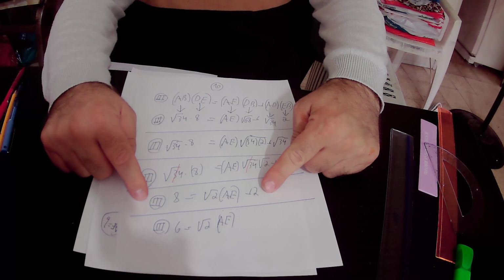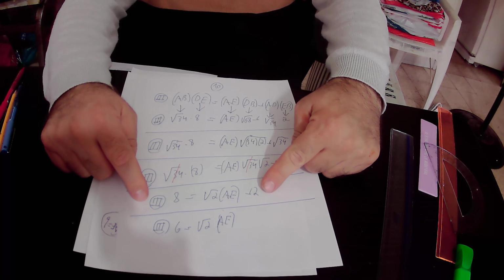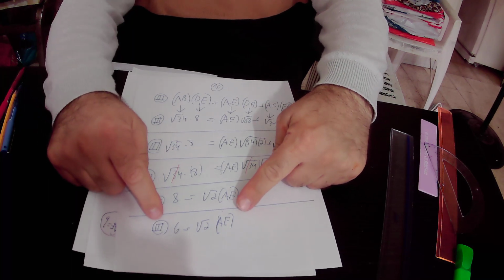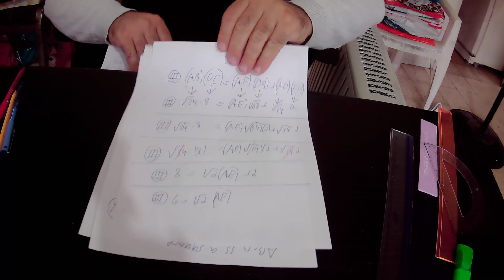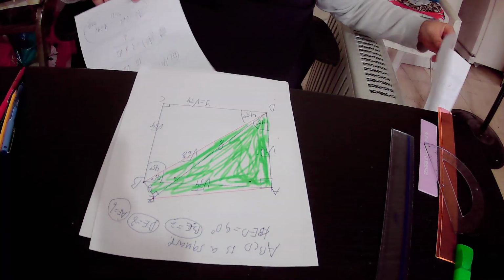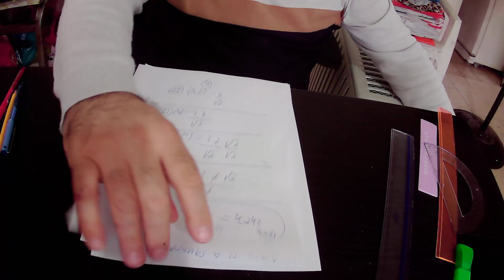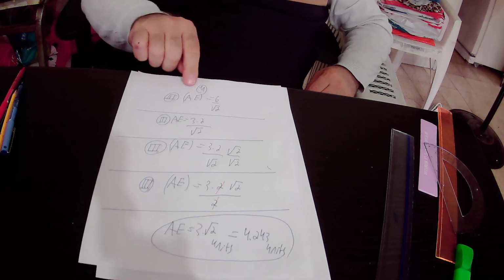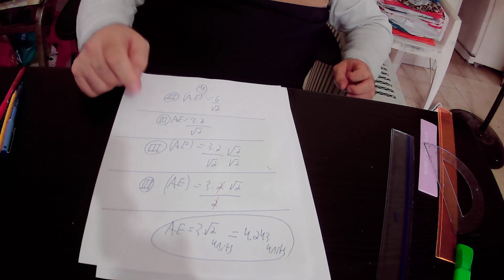We subtracted 2 from equation number 3. 8 minus 2 is 6, so 6 equals the square root of 2 times AE, and AE equals 6 over the square root of 2.